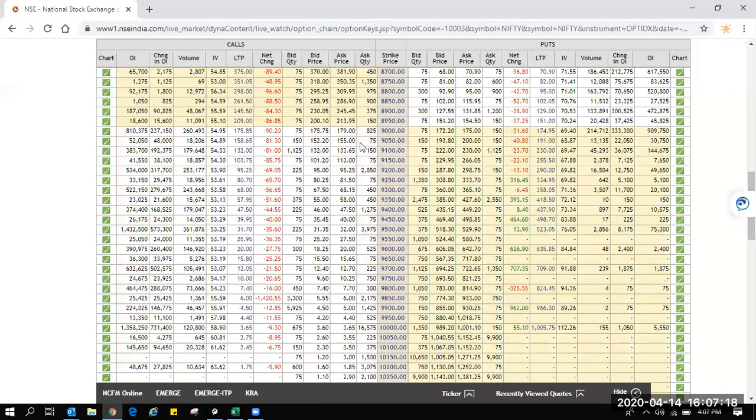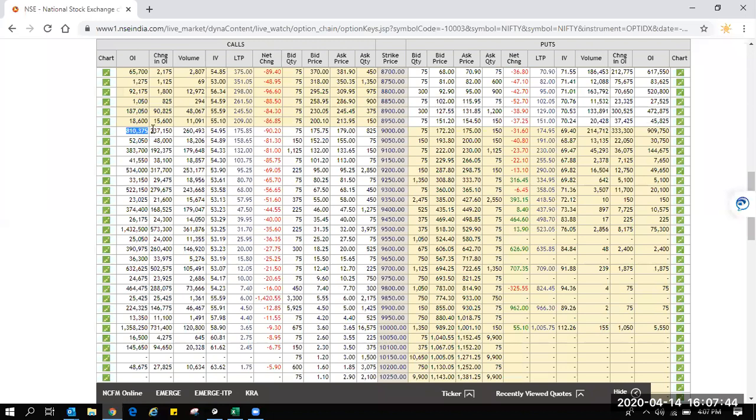We will see the 9000 put and the 9000 call first, but we will focus on the calls because calls will give you the resistance and puts will give you the support. Here the nearest strike is 9000, and 8,10,375 is the number of positions which are open for the 9000 strike.